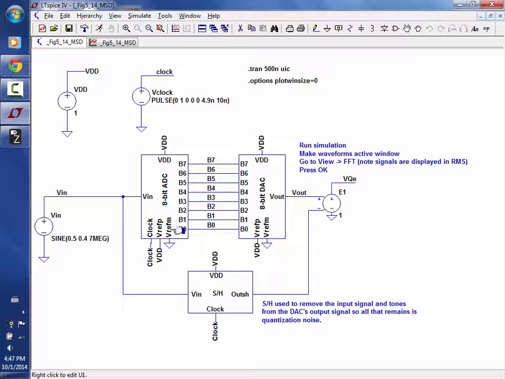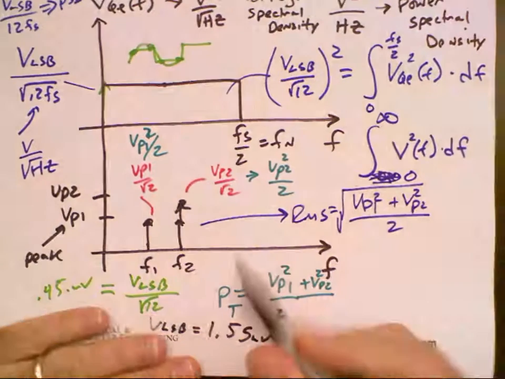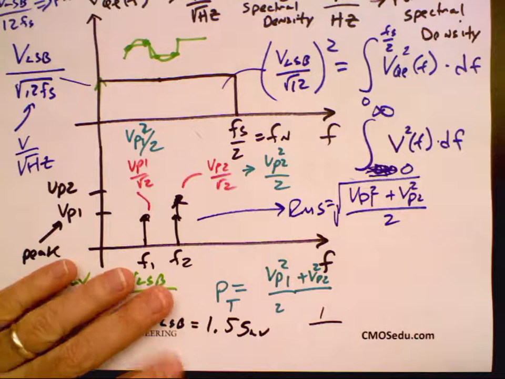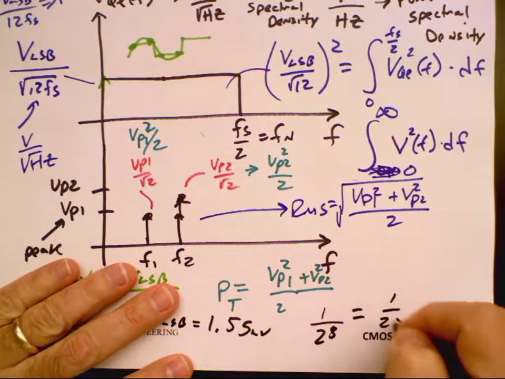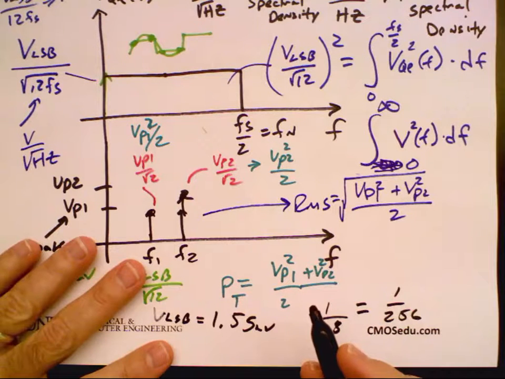So what's the ideal LSB? Yeah, it's 1 over, what? 1 over 2 to the 8th. Yeah, 1 over 256, which is, what is that, 2.5 millivolts.